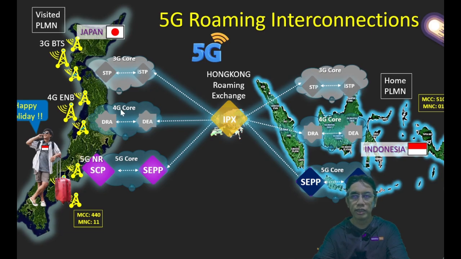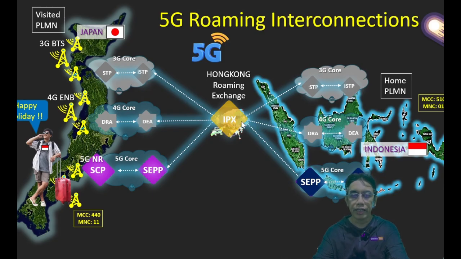And in 4G, we have the Diameter Routing Agent and Diameter Edge Agent at the edge of each network, interconnected with the roaming exchange.